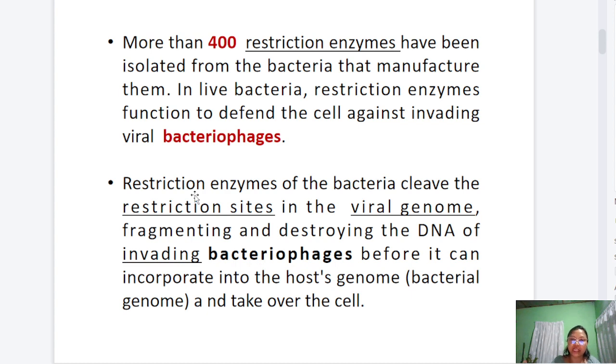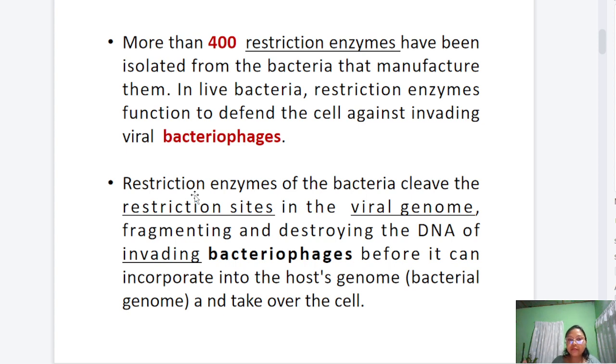But at the same time, the bacteria will have its own DNA. So we have to keep in consideration, or this question should come to your mind: will the restriction enzyme not then cut the DNA of the bacteria also? Because if we are talking about just a 4 to 6 base pair long recognition site, that same recognition site may be present in the DNA of a bacteria also.